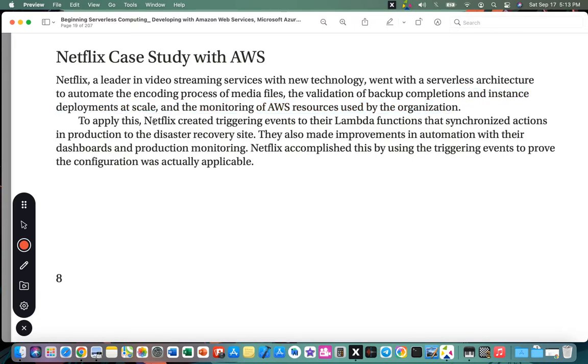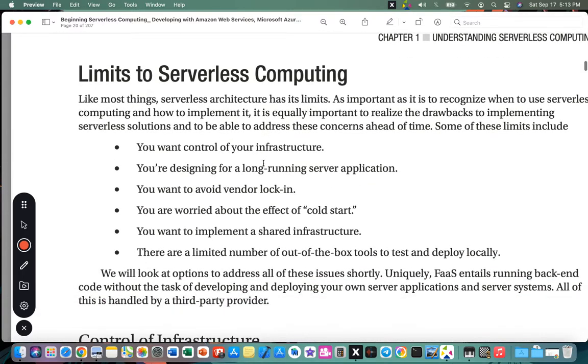To apply this, Netflix created triggering events to their Lambda functions that synchronized actions in production to the disaster recovery side. They also made improvements in automation with their dashboards and production monitoring. Netflix accomplished this by using triggering events to prove the configuration was actually applicable.